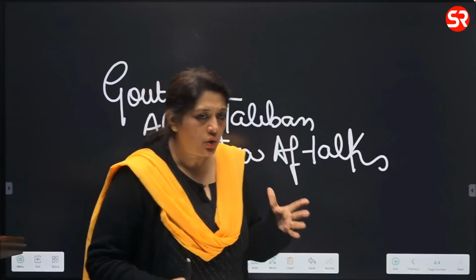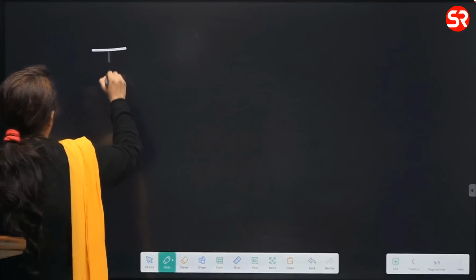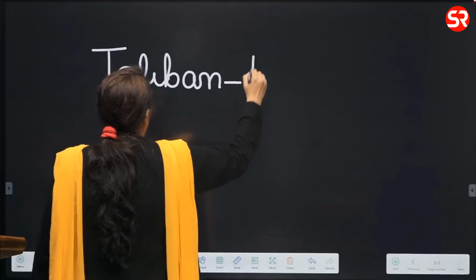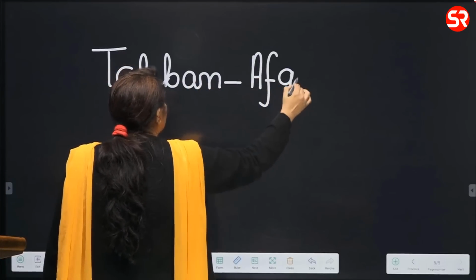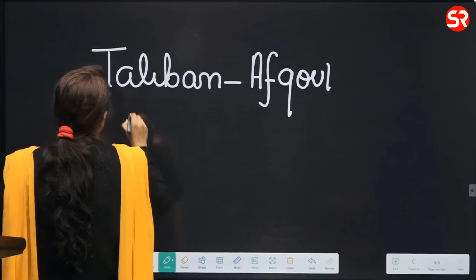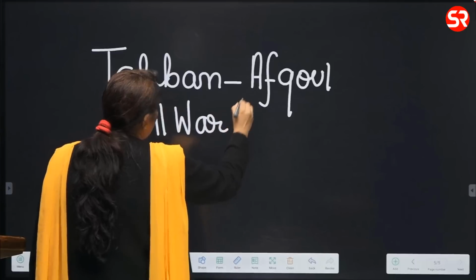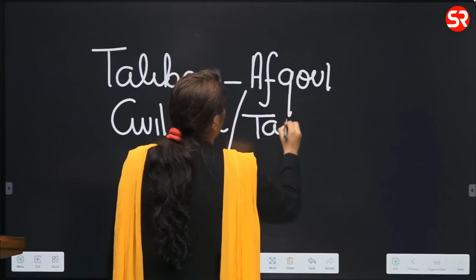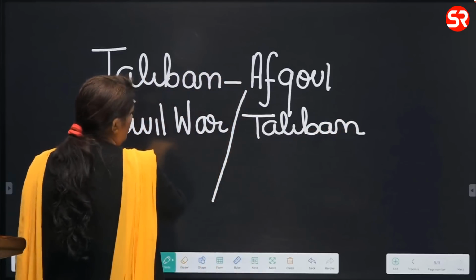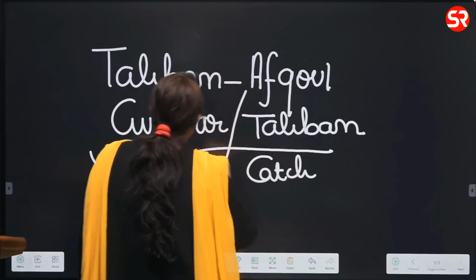So what are the challenges for India? The possibility of the Taliban joining the Afghan government through some type of negotiation. The US is firm in leaving, so either another civil war, or the Taliban establishing its full control. So it's a Catch-22 situation for India.